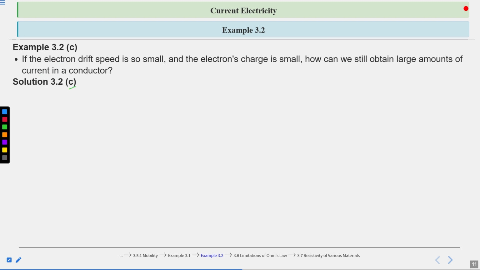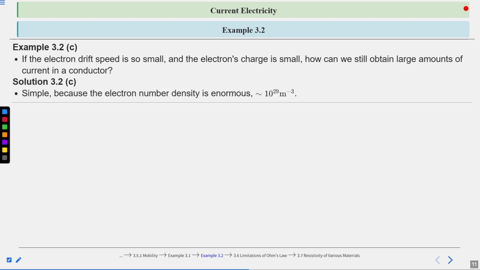The solution for part C is simple: the electron number density is enormous. There is a large number of electrons present in the conductor, of the order of 10^29 per meter cube. Current is due to charge, so what is the charge present in the conductor?